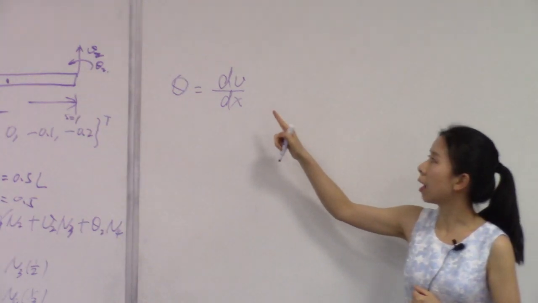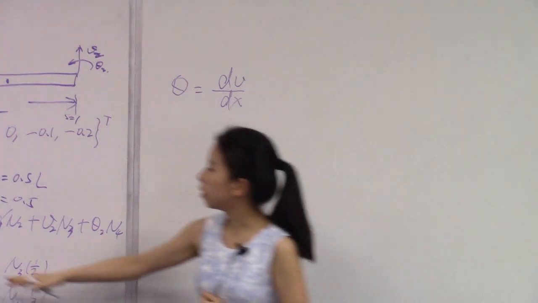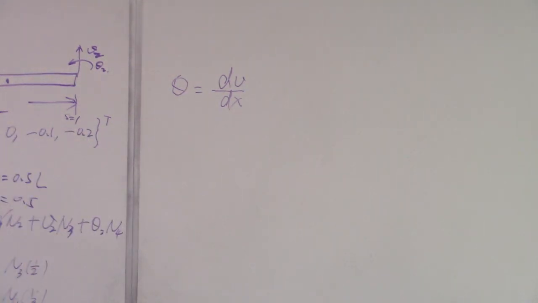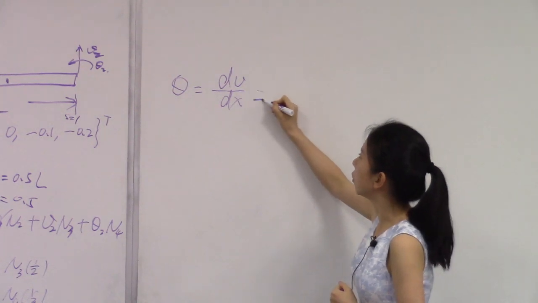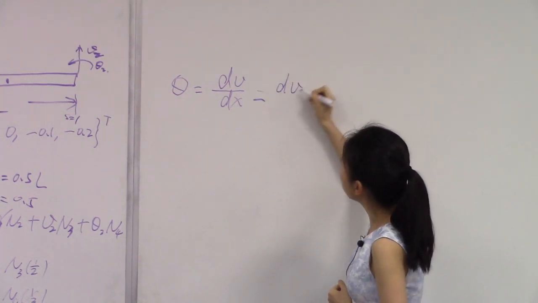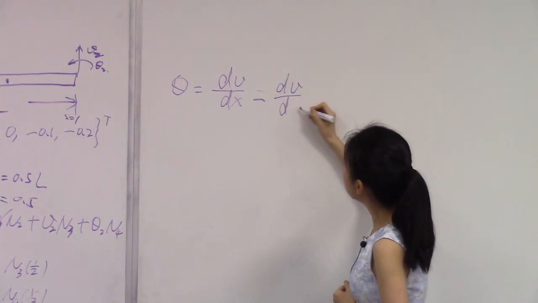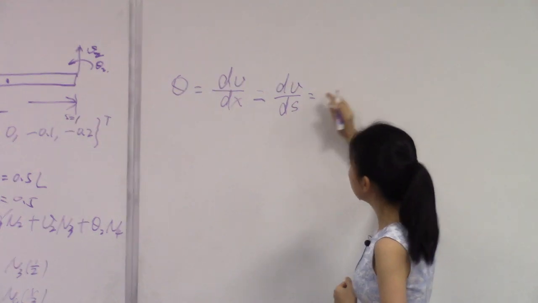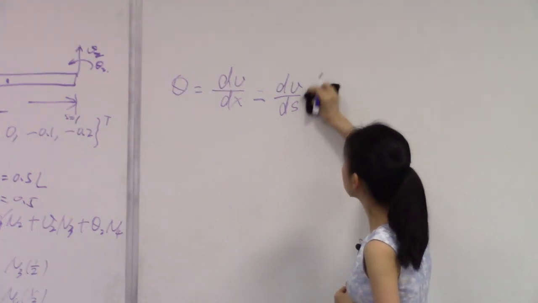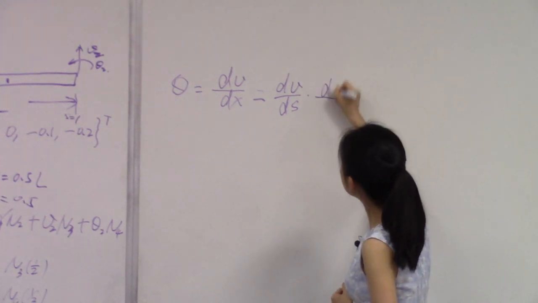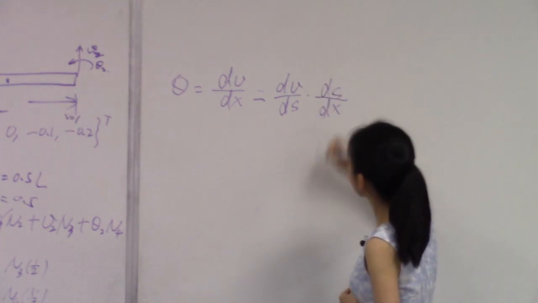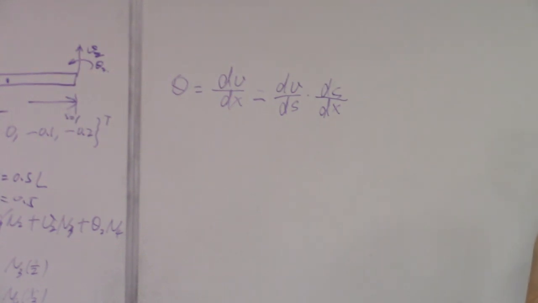And because v here is a function of s, we need to use the chain rule to change this to dv ds times ds dx.